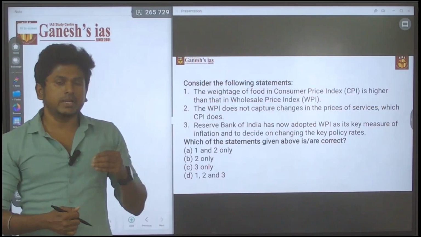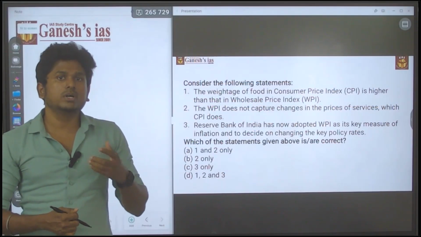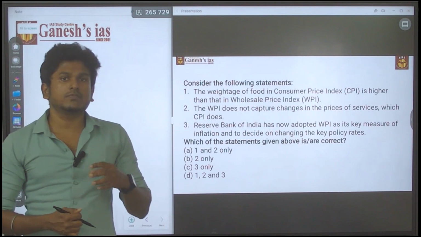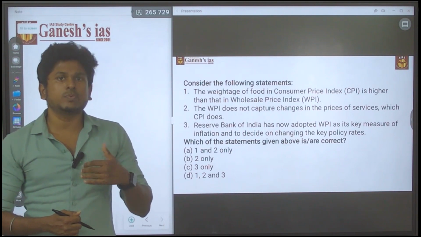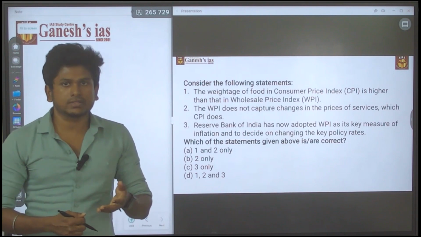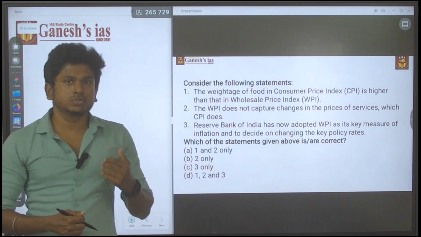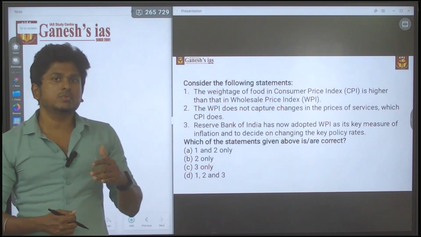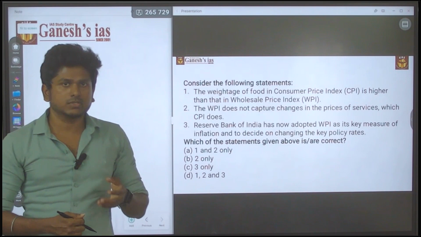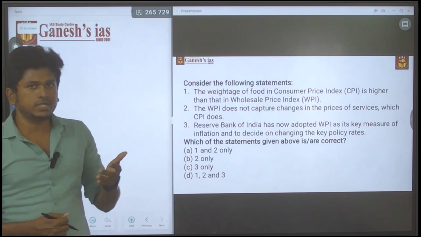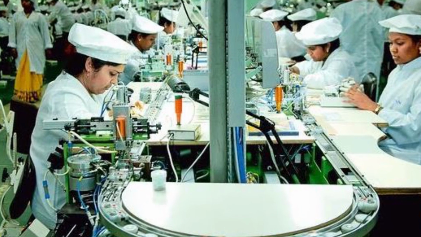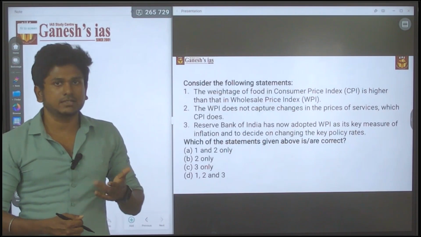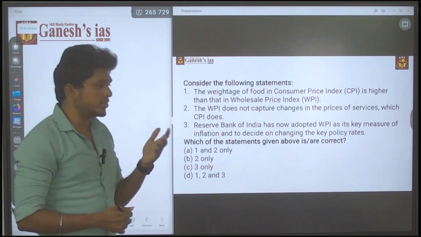Most of the consumer's spending is towards consumable goods, the expenditure is towards food products, foods and beverages. So the weightage in the CPI is also given more to foods and beverages. When it comes to the wholesale price index, the weightage is more towards the manufacturing sector. So you can easily answer it. The first statement is actually right.